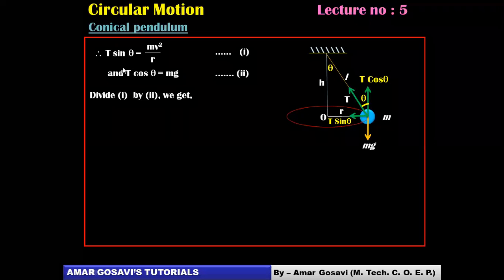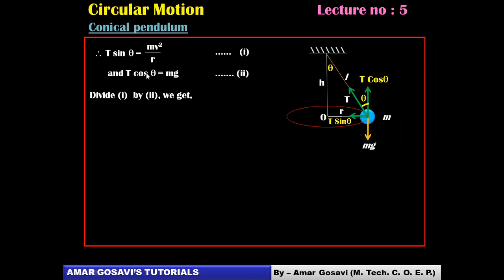T will get cancelled and sine theta by cos theta will be tan theta. mv square by r divided by mg will be, m gets cancelled, and what remains is v square by rg. So on the left hand side it will be tan theta, right hand side it will be v square by rg.